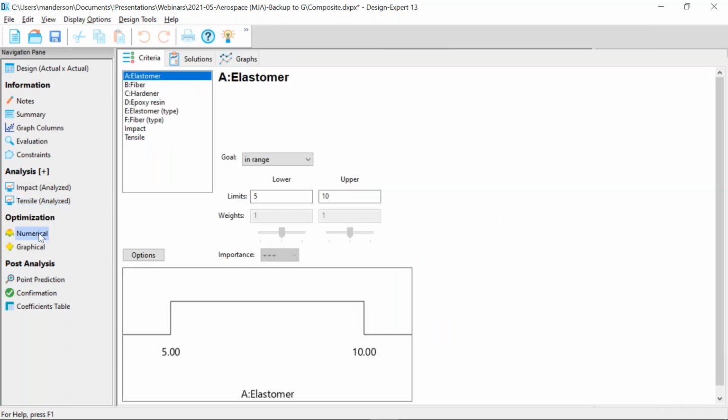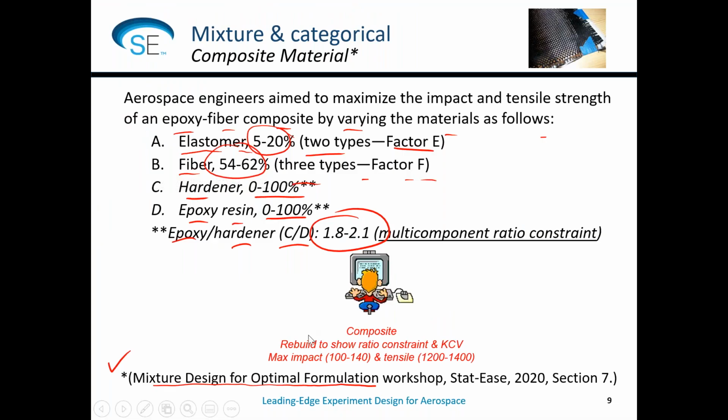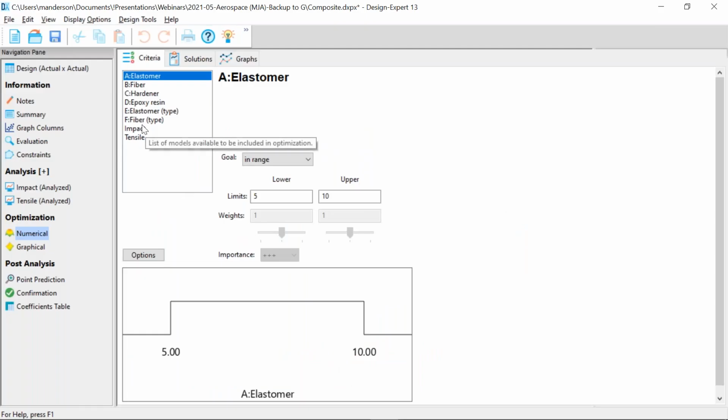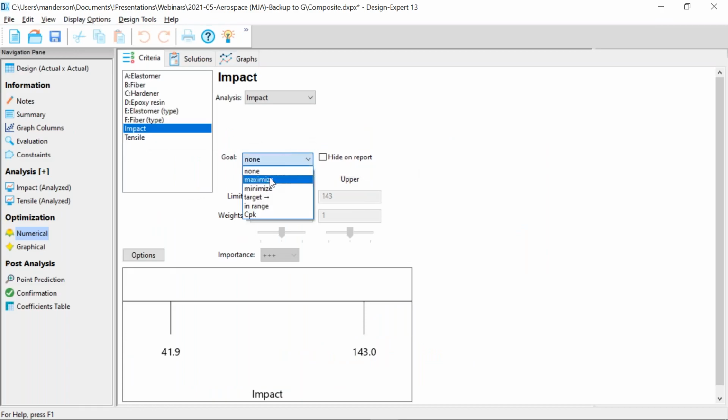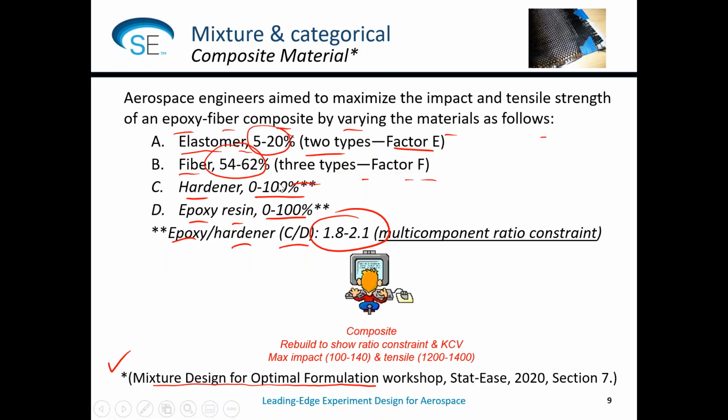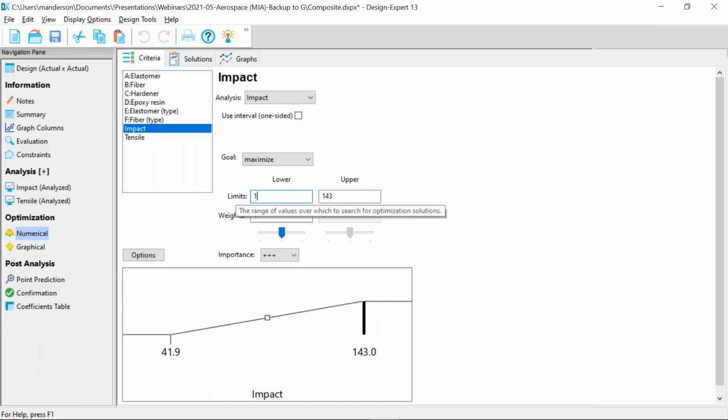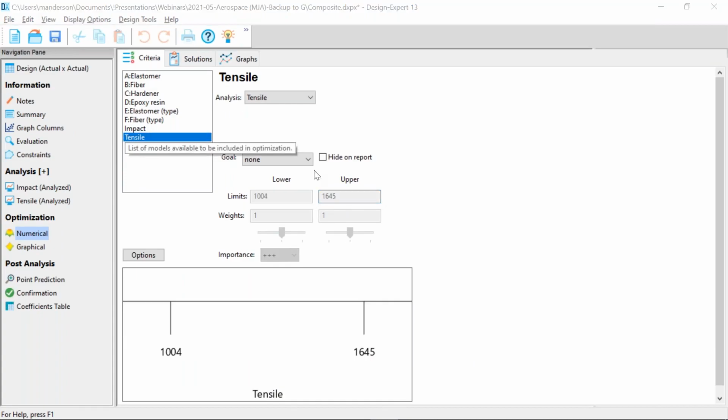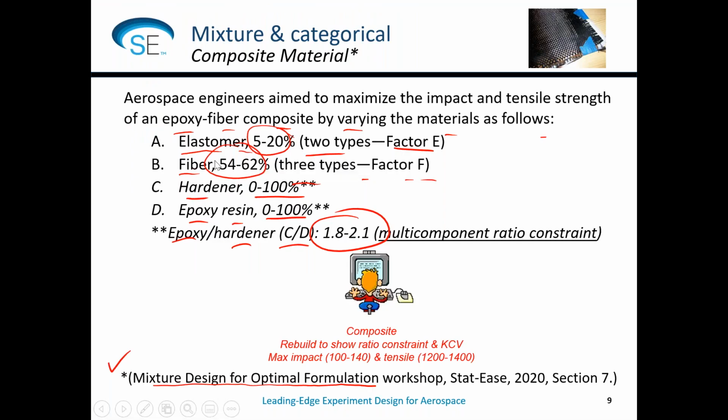Then in the end, let's see, it says maximum impact 100 to 140. So we want to maximize the impact, and 100 to 140. And then the tensile, the goal is 1200 to 1400. I think, maximize that too.